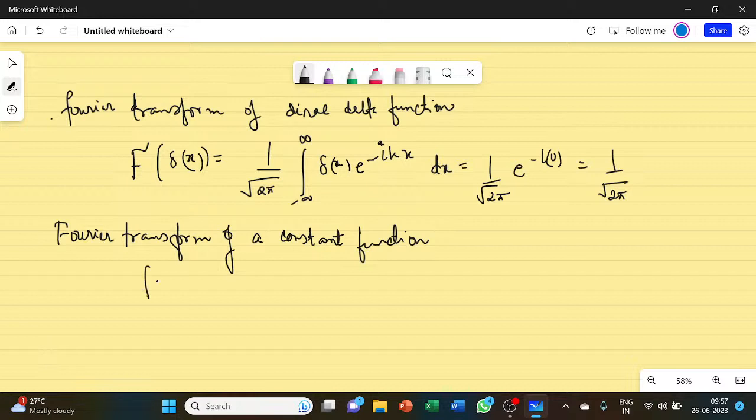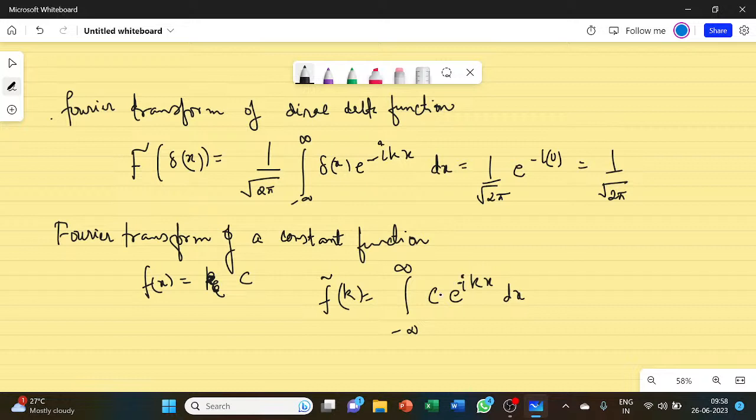So let us write f of x is some c, not k, I'll select some other letter because with k you'll get confused. So now if I want to write the Fourier transform, then it is equal to the integral from minus infinity to plus infinity of c times e raised to power minus iota kx dx.